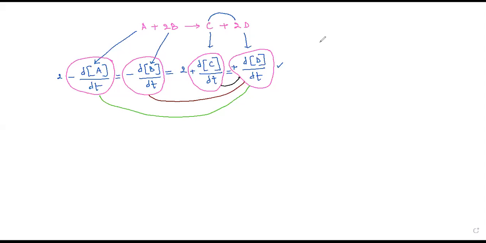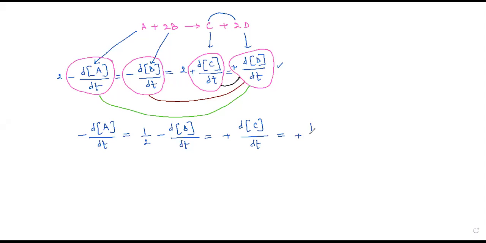Now the same can of course be written as, look at this, minus d concentration of A by dt is equal to, dividing by 2, half of minus dB by dt, nothing but plus dC by dt, nothing but plus, no problem, half of or plus half you can write.